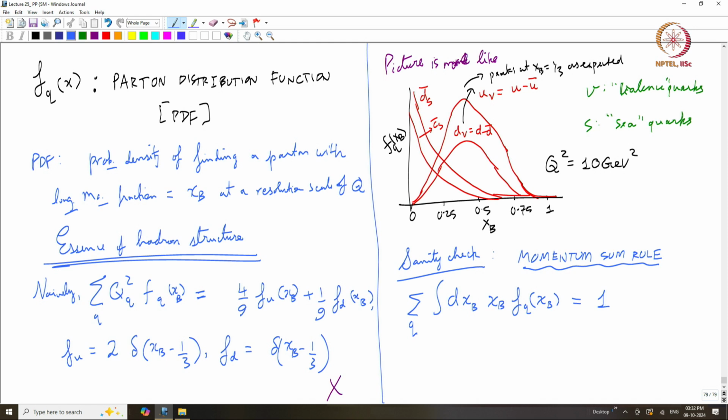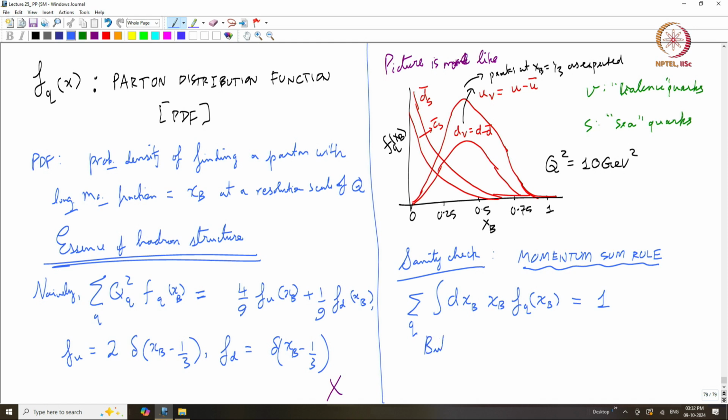Is that clear? All the momentum fractions, right, they have to add up to 1 at the end of the day, and I am getting the average momentum fraction by weighting over its PDF, the PDF of that particular flavor, and they all have to add up to 1. What else can they add up to, right? They are all fractions, correct?